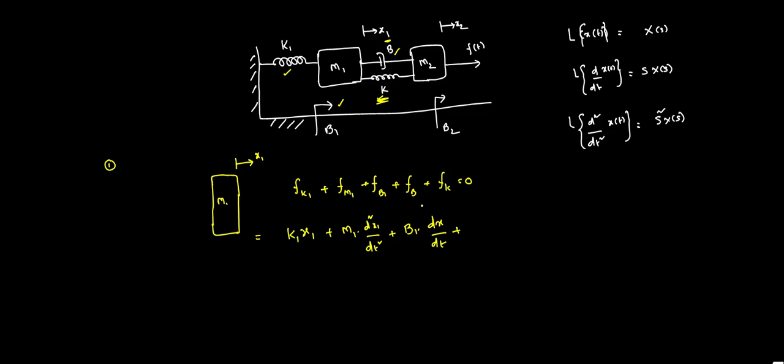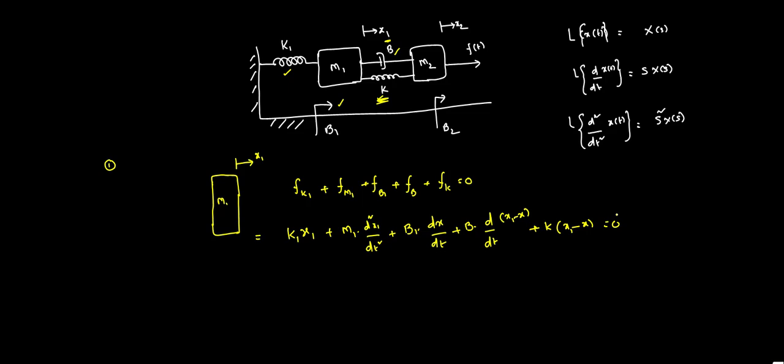Now the b is associated in between x1 and x2, so I am writing b into d by dt of x1 minus x2, plus k into x1 minus x2, is equal to 0.